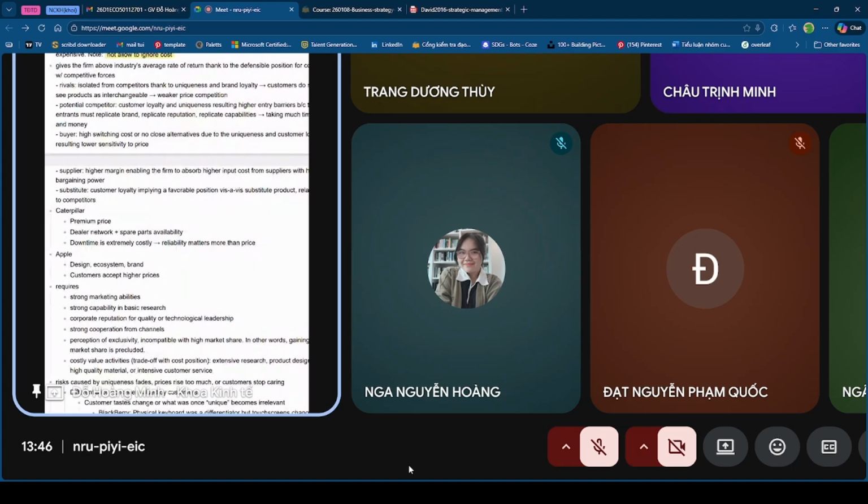Because when you differentiate your product, improve your product, you are trying to lift up the willingness to pay. Bring more, provide the customer with more benefit. However, to do so, your firm has to spend more money.